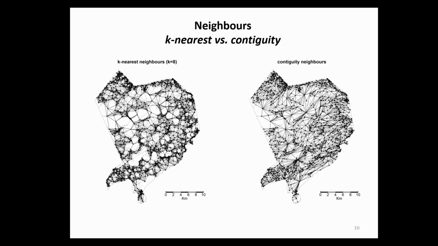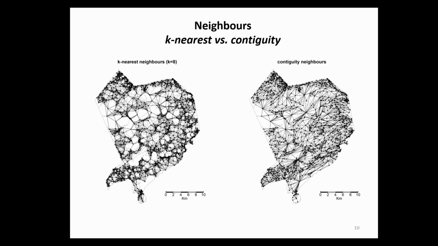Bivand uses contiguity neighbors, these ones, because it is closer to the concept of joint counts provided by the configuration analysis suggested by Booth.